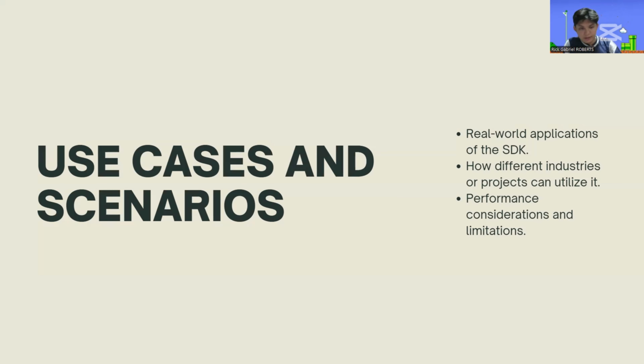Now, the use cases scenario. This section explains how the SDK can be applied in real-world projects. It has industry applications, describing how different sectors such as e-commerce, healthcare, or gaming can benefit from the SDK.